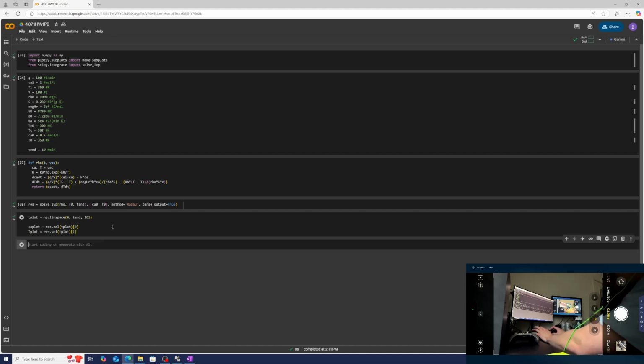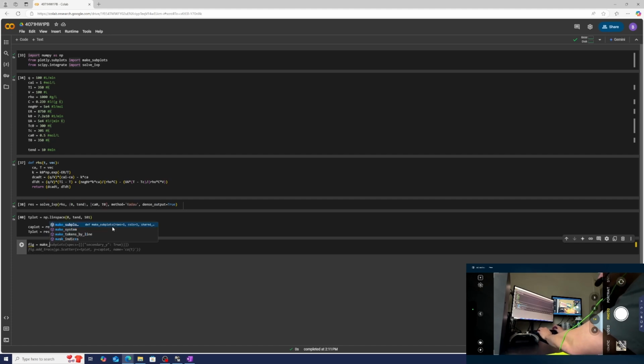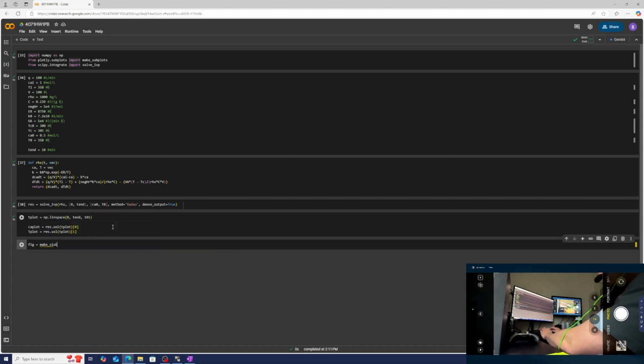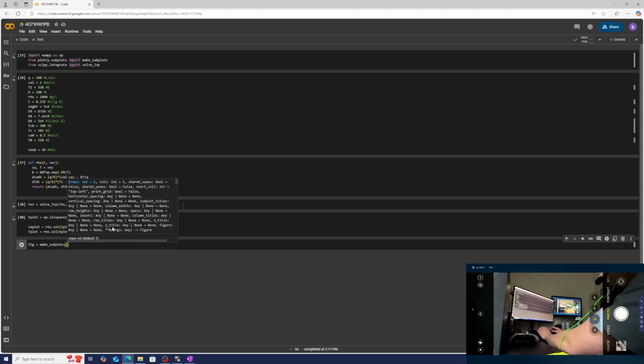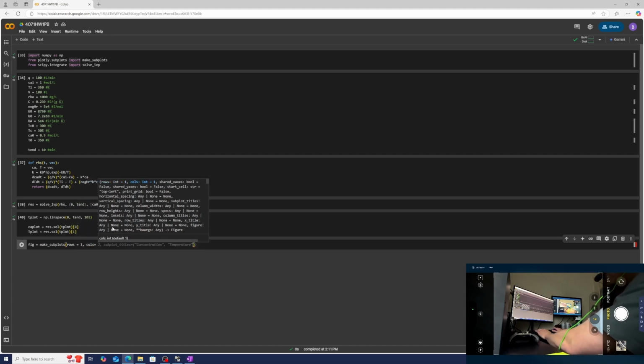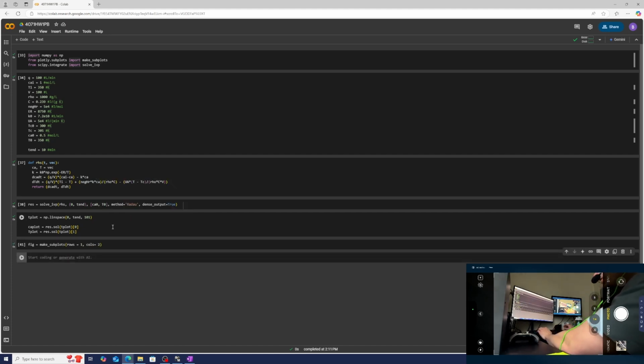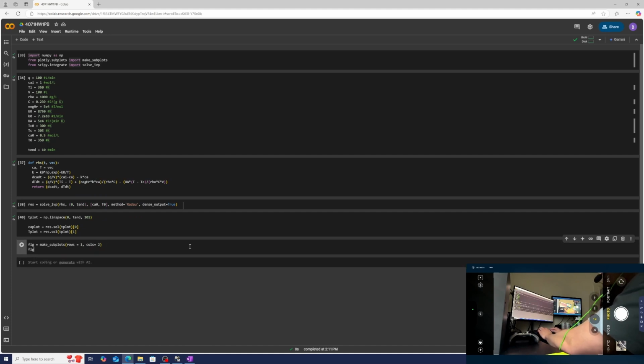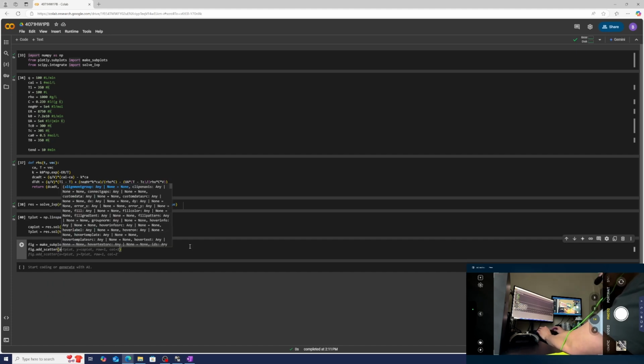So then we just need to plot these things. Our figure will be make subplots. We will have our rows equal to 1 and our columns equal to 2. So now fig.add scatter. Our x is going to be our t-plot.